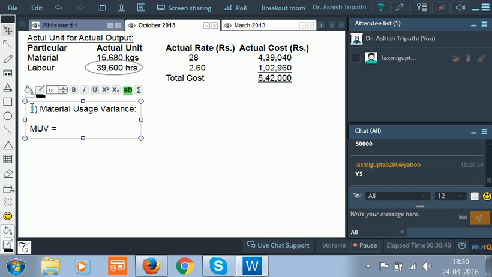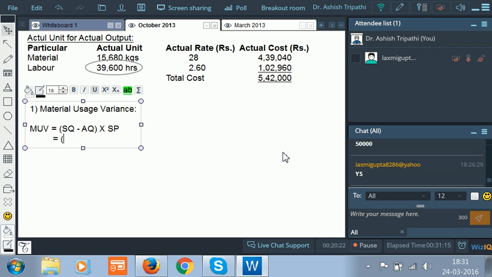Material usage variance is equal to standard quantity minus actual quantity into standard price, or you can say standard rate. Standard quantity minus actual quantity into standard price.